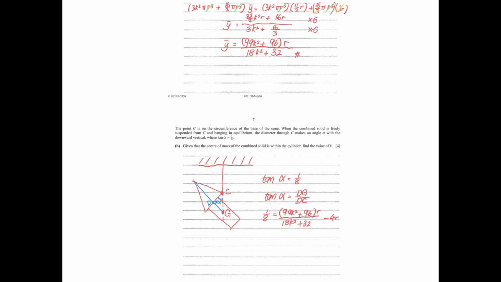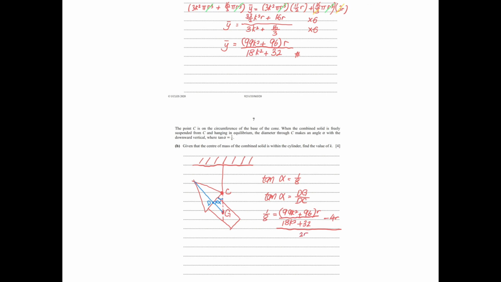We don't want the height of the cone, that's why we minus 4R away. We just want DG. The whole thing is divided by DC. DC is the radius of the cone, which takes value 2R.